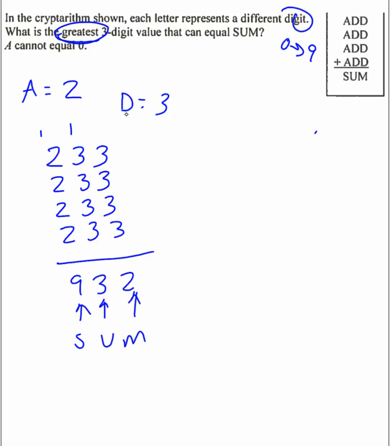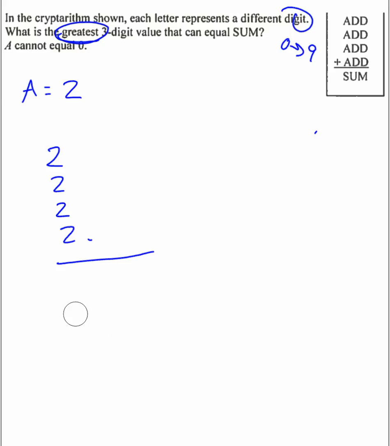So then I'm going to say, okay, D wasn't 3. What else could I try? Well, let's try D as 4. So 4, 4, 4, and 4, and 4, 4, 4, and 4.